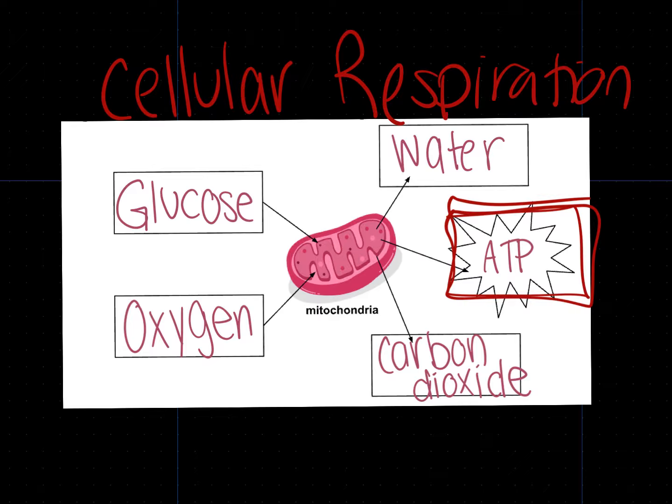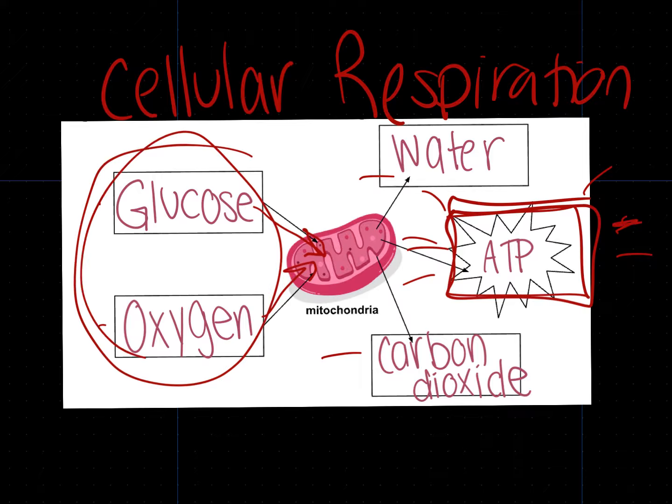It happens by glucose and oxygen entering the mitochondria, and they are converted into water, ATP, and carbon dioxide. We remember that ATP is the important one here. That's the energy we need. So in order to make that energy, we need glucose and oxygen. So let's talk about how we get those things into our body.